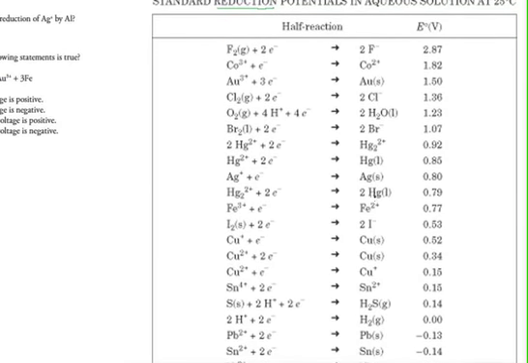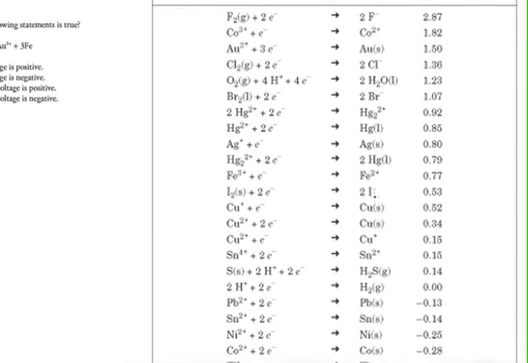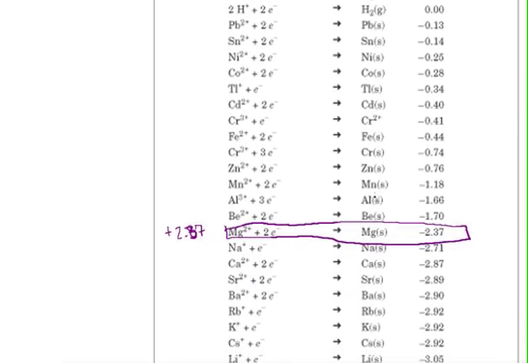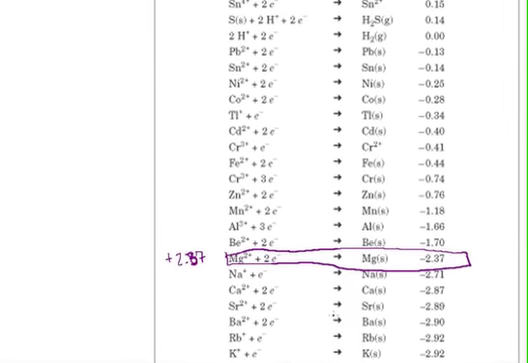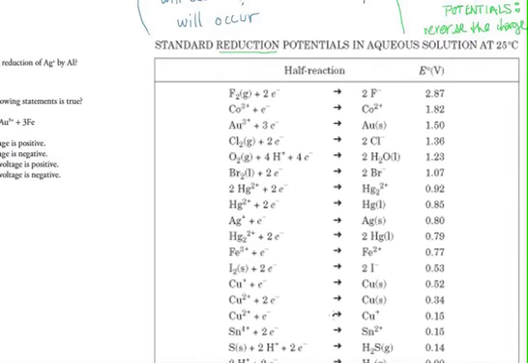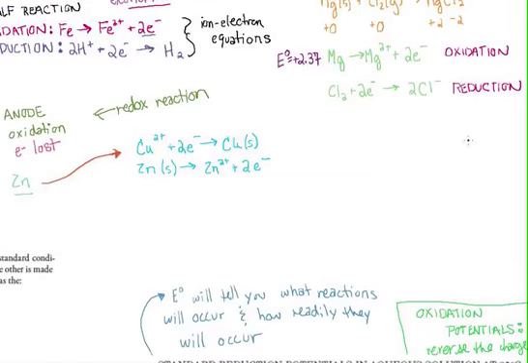Okay, so chlorine is reduction. So I look down my list for chlorine. Aha! There it is. Silly Katie, it was right up top. And we see that its potential is 1.36.